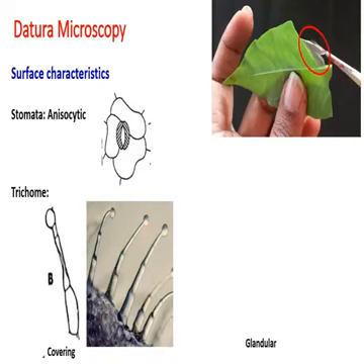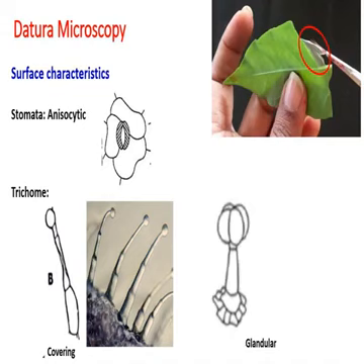The other type of trichome observed here is glandular. Glandular trichome, in the case of Datura, has a unicellular stalk and a multicellular head. This appears very similar to a mushroom. The stalk is unicellular, whereas the head is multicellular.